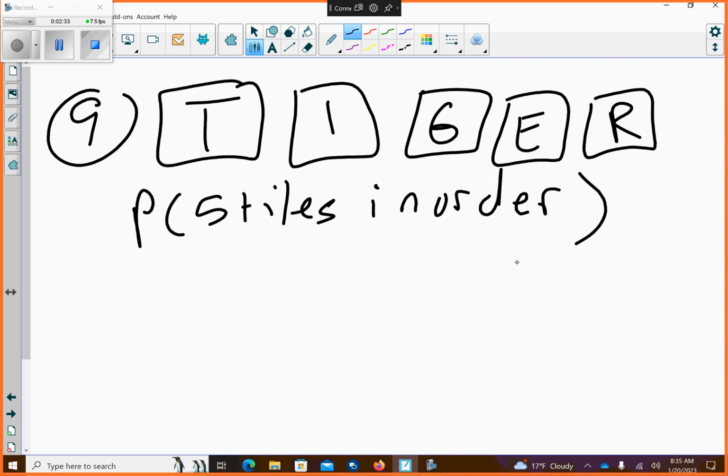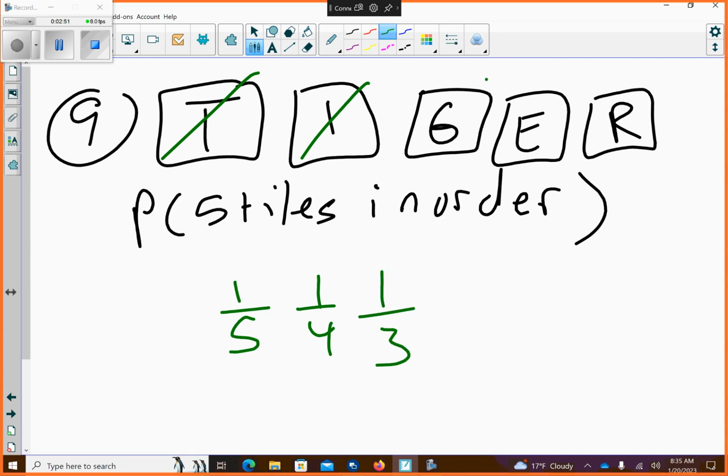All right, so we're going to try and pull a T. The probability I pull a T out is 1 in 5. So assuming we pulled the T, that leaves us a 1 in 4 chance of pulling the I. And then pulling the G, there's only 3 tiles left, 1 in 3. And then there's only 2 tiles left, 1 in 2. And then you have 1 out of 1, which the last one's kind of funny because, of course, you multiply by 1.